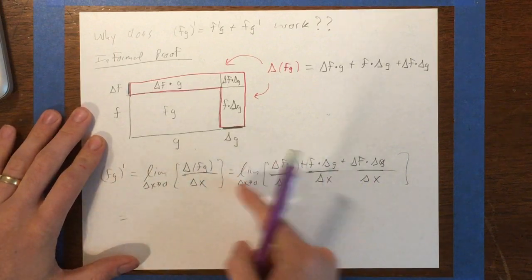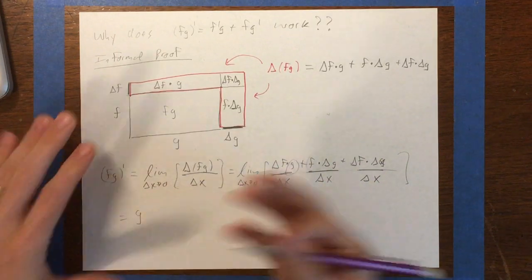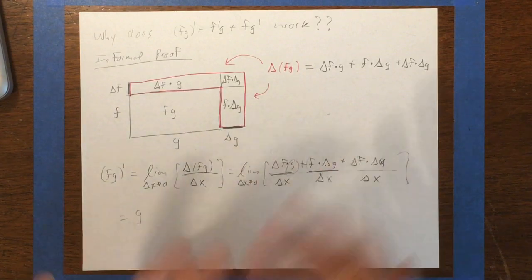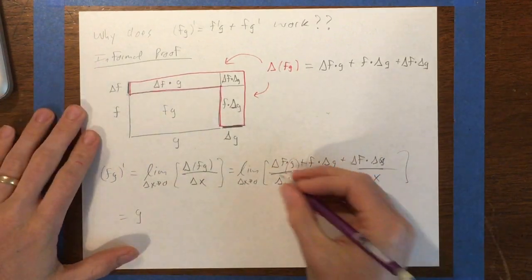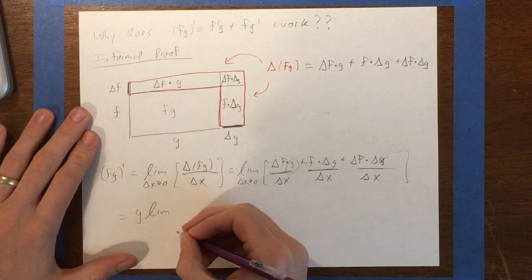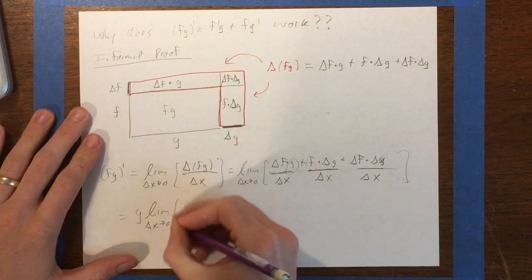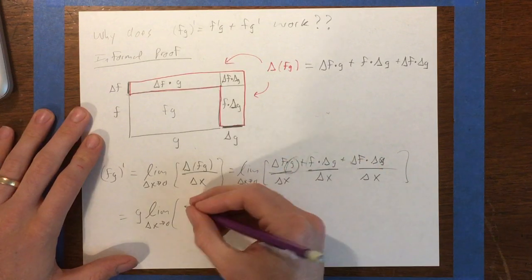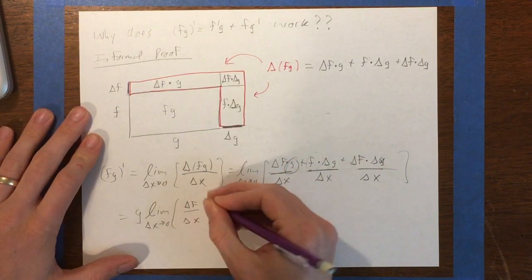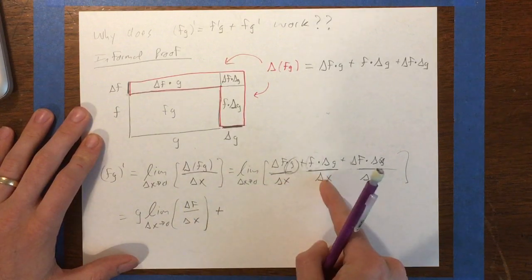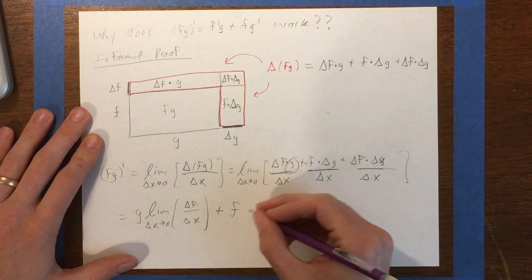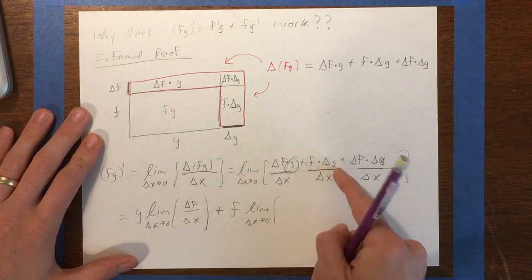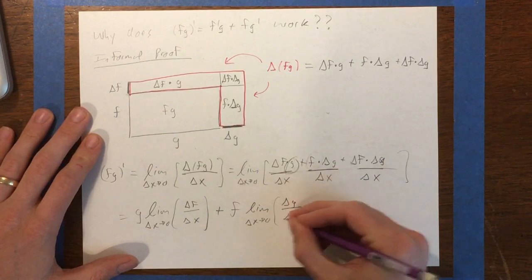So we're going to be splitting up the limit and doing that kind of factoring out. I'd say factoring, but I shouldn't call it factoring. It's more like using that constant multiple rule. It's g times the limit of, pulling out the g, you would have the delta f over delta x, and then plus. For the second term, we'll pull the f out and have f times the limit, and then what's left over in there will be the delta g over delta x.